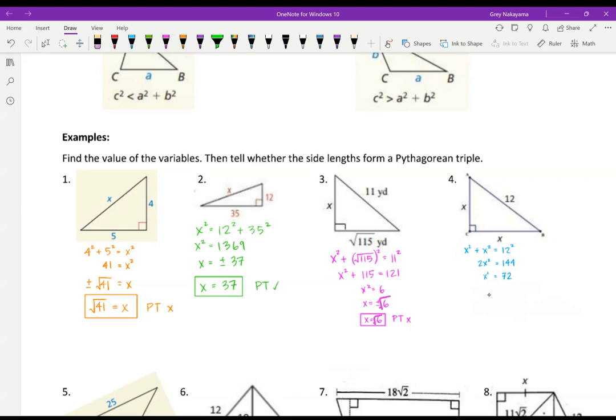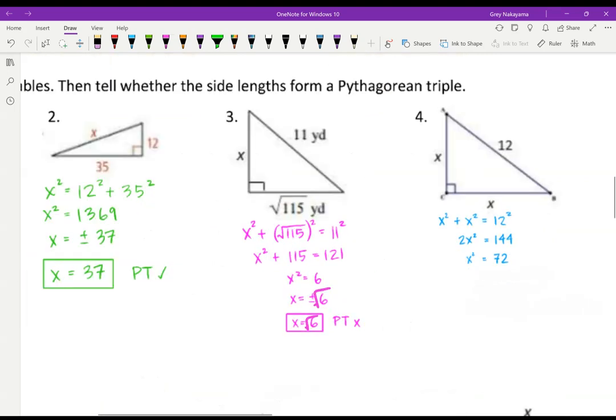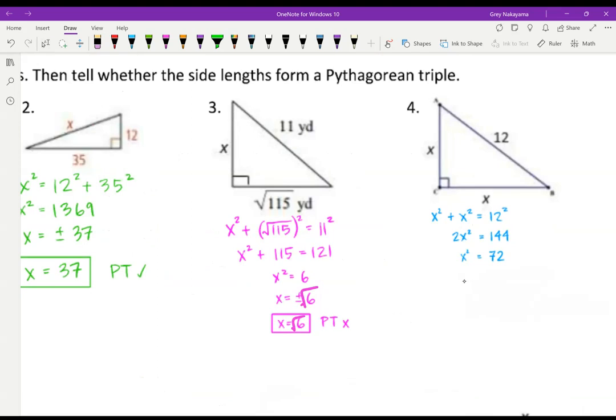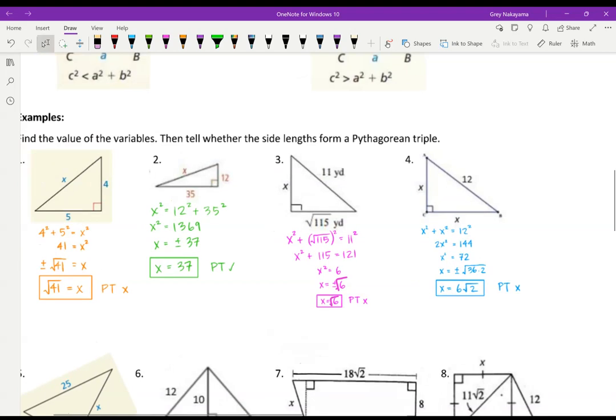And that means x equals plus or minus the square root of 36 times 2, because that's what 72 is. Square root of 36 is 6. So x equals 6 square roots of 2. And again, there's a radical in that side of the triangle, so it is not a Pythagorean triple.